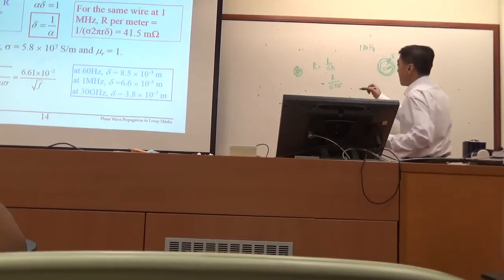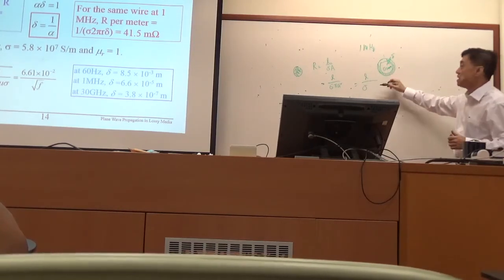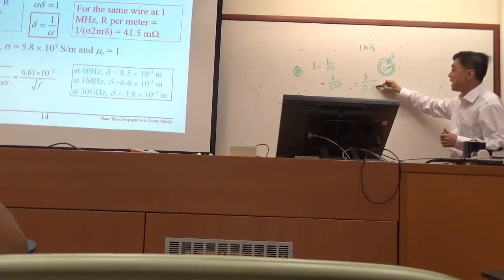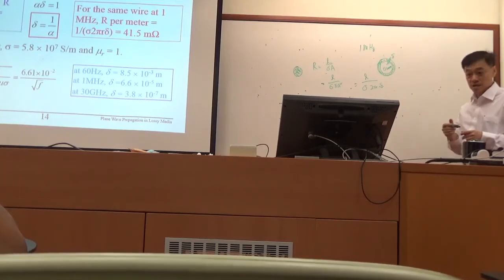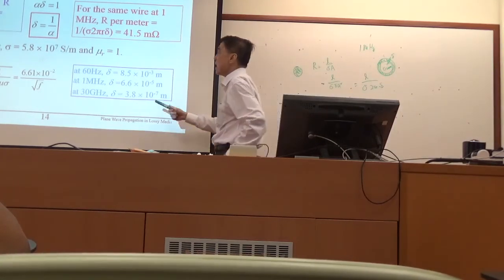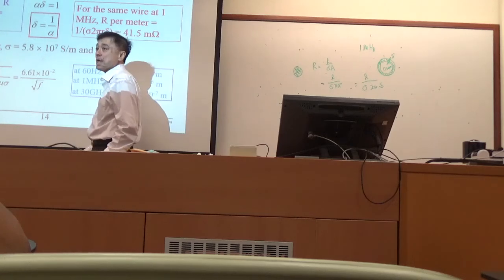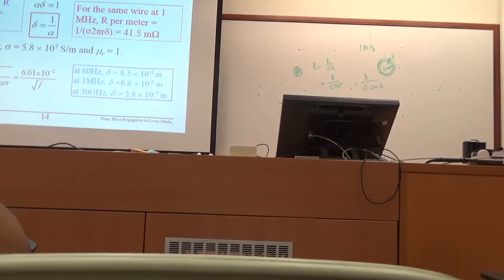Now my resistance is L over sigma A, where the area is 2 pi r times delta, the area of this ring. At 1 megahertz, for the same piece of wire, the resistance is 41 milliohms. It's 8 times more than what you calculated.